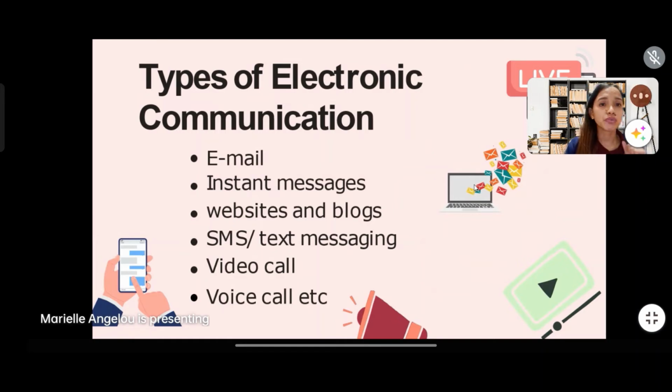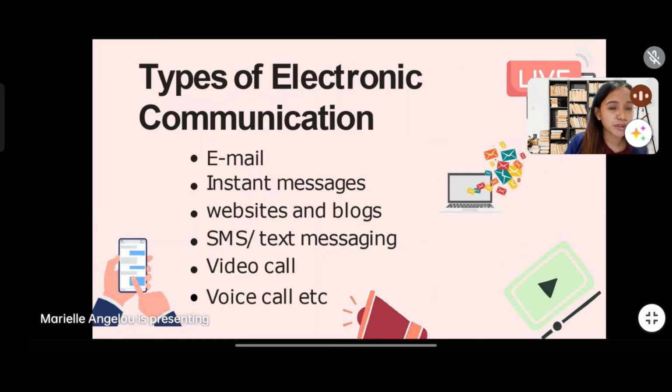Next, we also have instant messages. This pertains to the instantaneous sending of messages. Again, when we talk about instant messages, it pertains to the real-time or instantaneous transmission of messages via email or internal network or server.